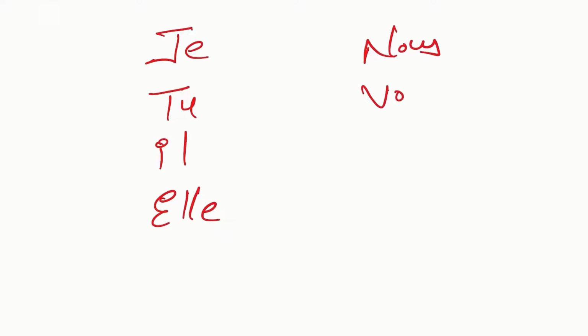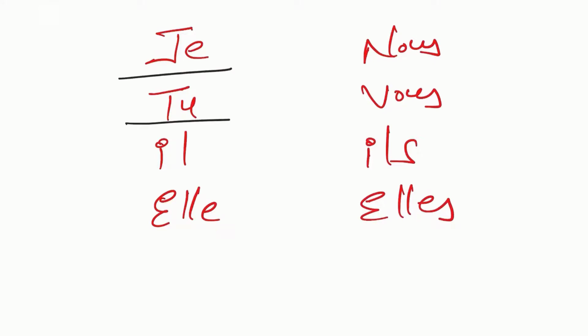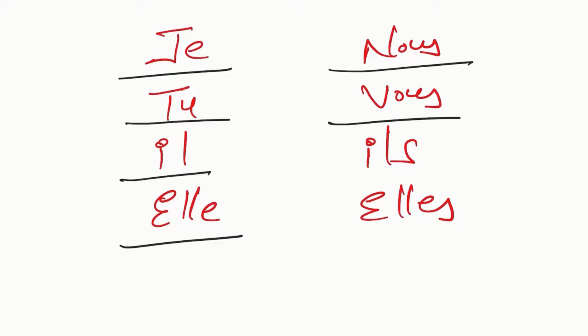Je, tu, il, elle, nous, vous, ils, elles. And as I told you earlier, this is I, you, he, she, we, you. This is for singular and plural both, but in a formal way.